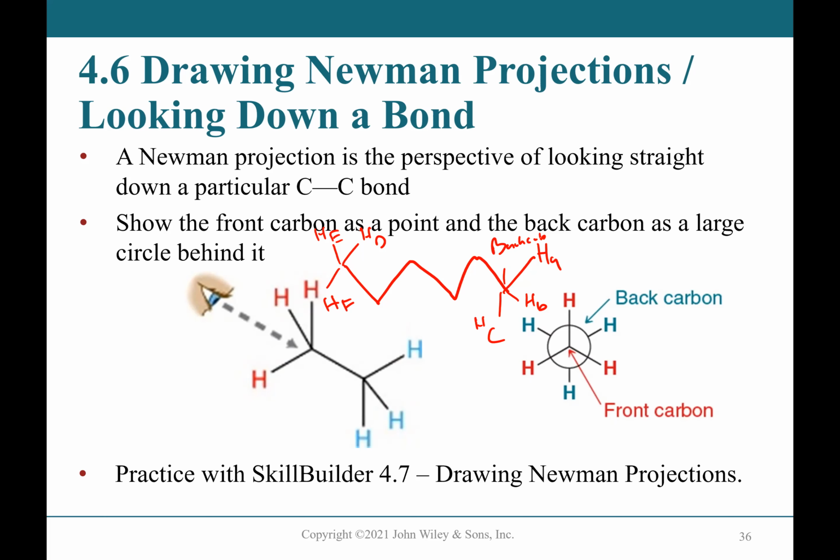I didn't draw this the best, but let's call this one HC, this one might be my HB, and this one might be my HA. You have to kind of rotate these things, but let's call these D, E, and F. And we have all these carbons in between, 1, 2, 3, 4, 5.